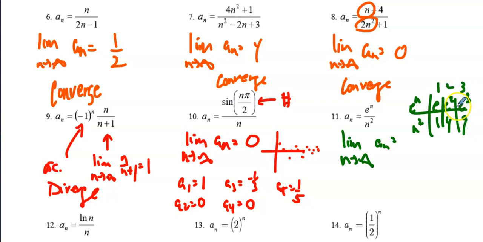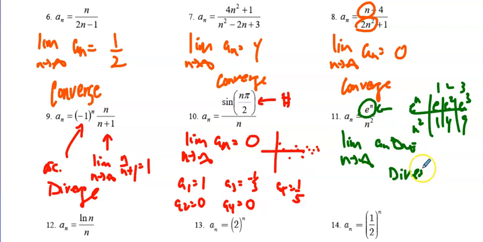Because e is 2.7, 2.7 cubed is going to give us a much bigger number than 9. So we can see that this is a function dominant problem in the numerator. In this case, the limit is not going to exist because we're functionally dominant in the numerator. Therefore, this is going to diverge.